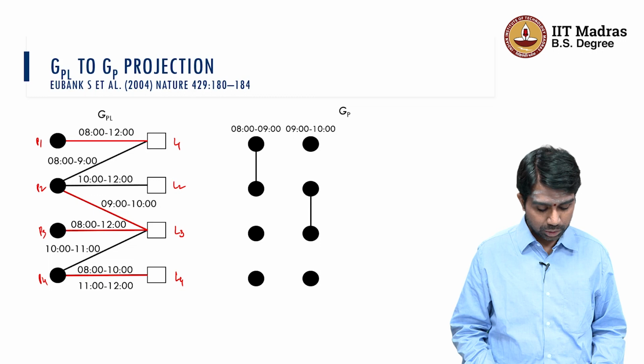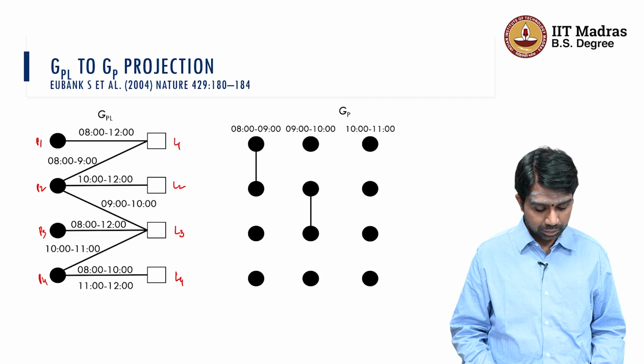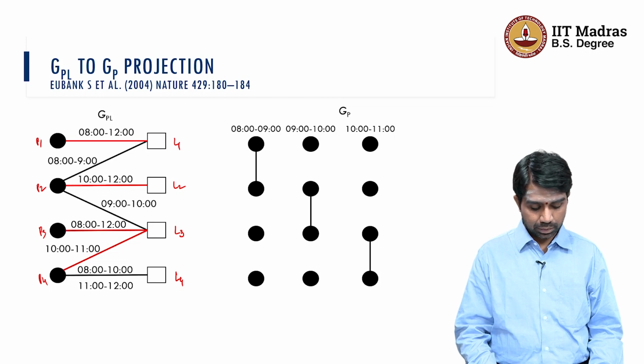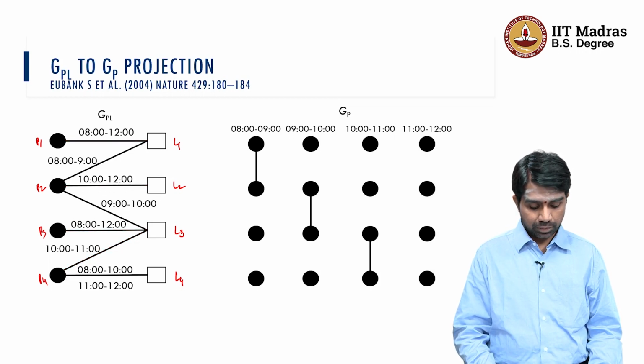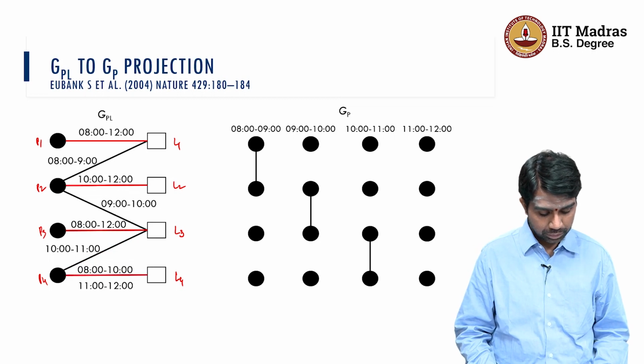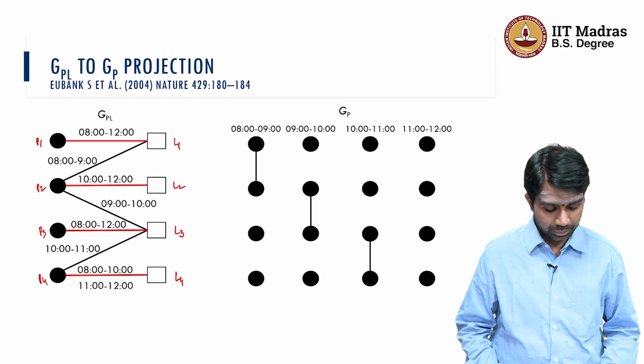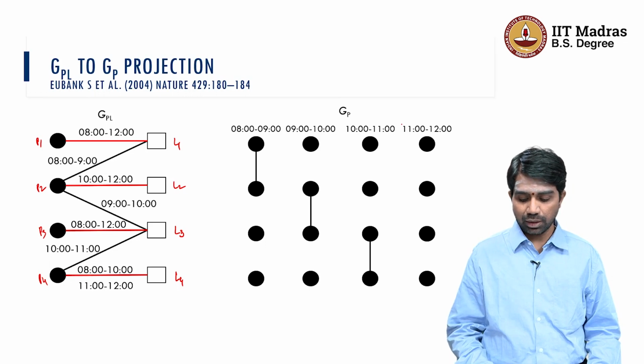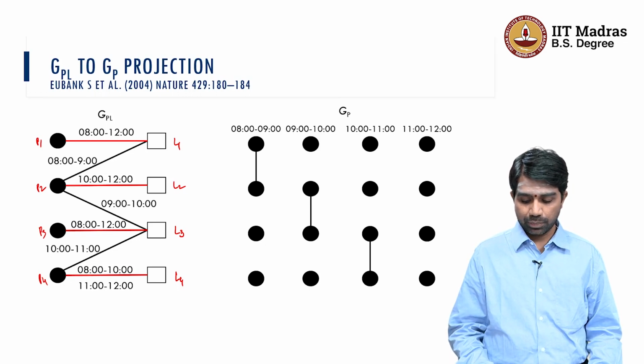You have P2 and P3 overlapping at L3. From 10 to 11, you have P3 and P4 overlapping in L3 again. Right. And 11 to 12, you have no overlaps. P1 is in L1, P2 is in L2, P3 is in L3 and P4 is in L4. So there is no connection if you are looking at the 11 to 12 time frame, right.